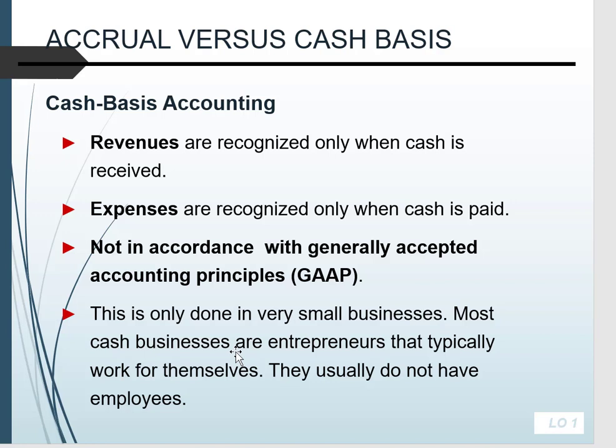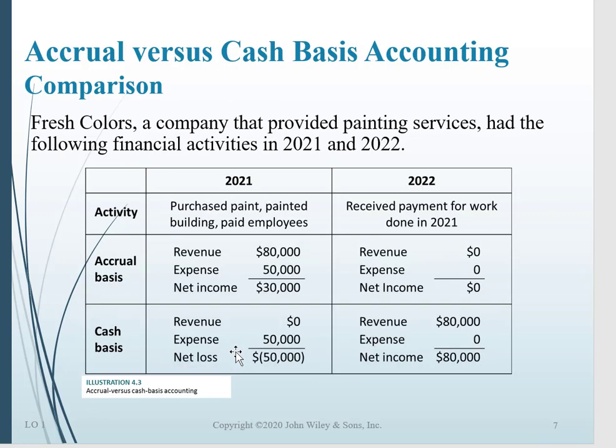So who is going to do this? This is only going to be done in very small businesses. Most cash businesses are entrepreneurs who work for themselves and usually don't have employees. So this is the type of business that might be a cash business.